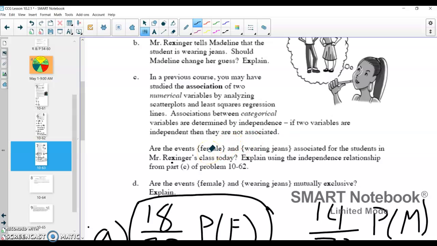And so it says, are the events of females and wearing jeans associated, meaning are they independent or not, for the students in Mr. Rexington's class today? Use the independence relationship from part C in problem 10-62 just to remember how to do independence.